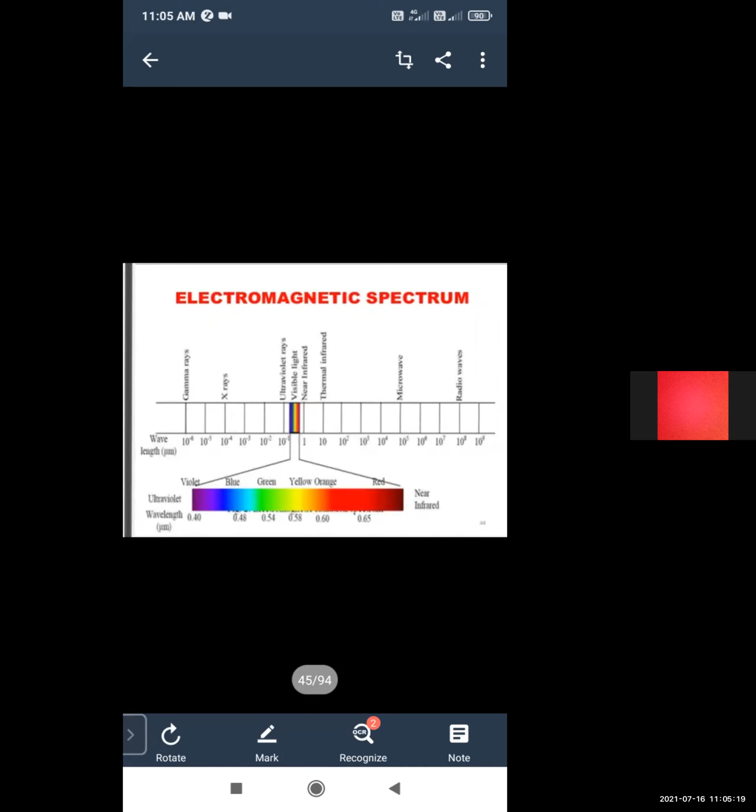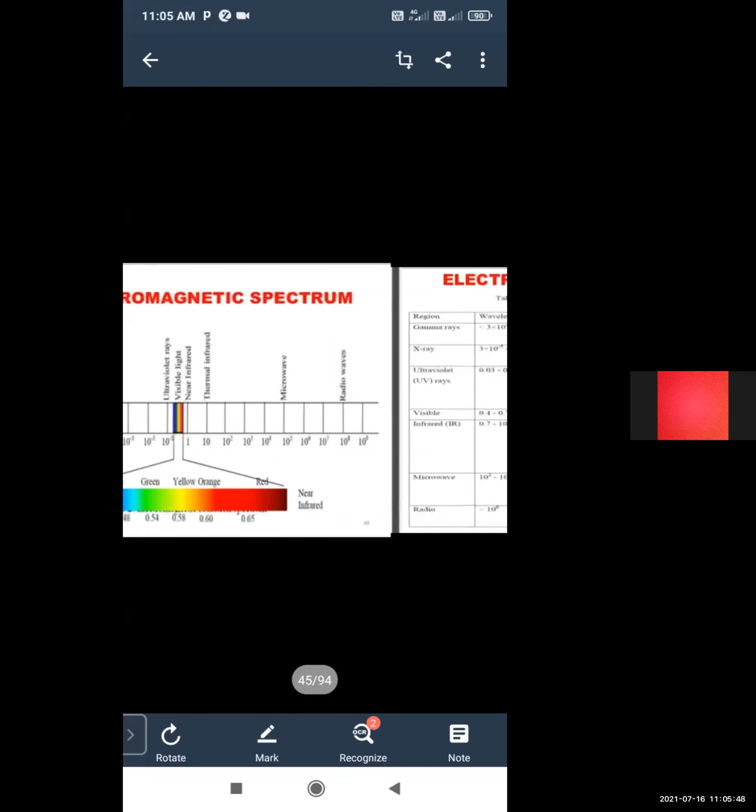Minimum wavelength is 10 to the power minus 6 for gamma rays, and for visible rays the wavelength range is 4000 to 6000 angstrom, or 0.4 micron to 0.7 micron. This is the visible light. Then maximum wavelength of electromagnetic radiation is 10 to the power 9 for radio waves.